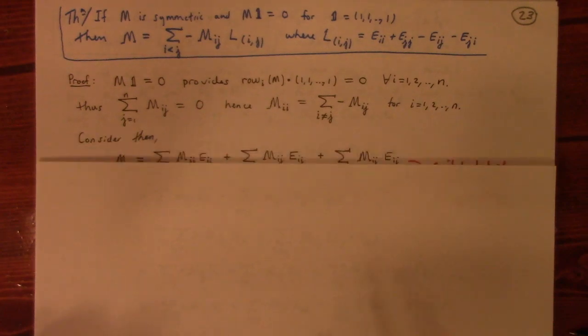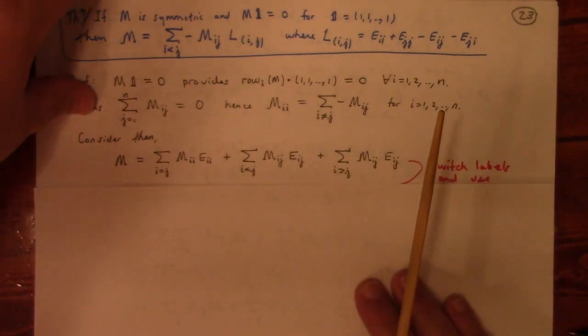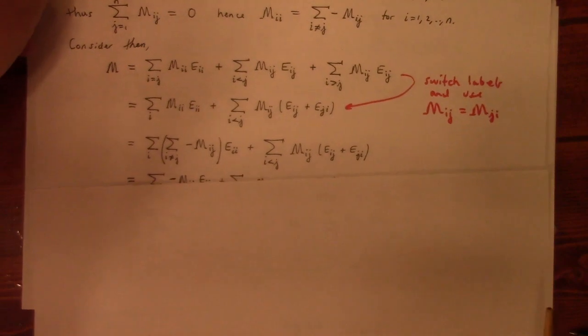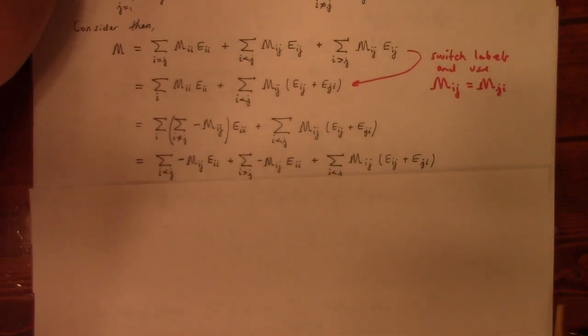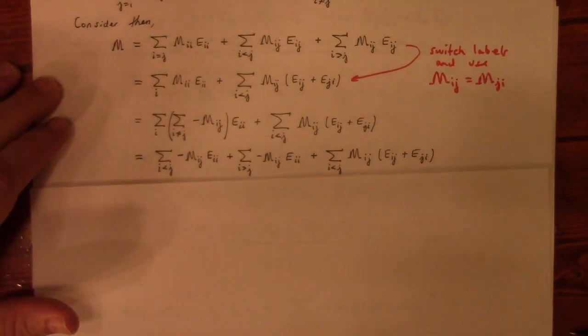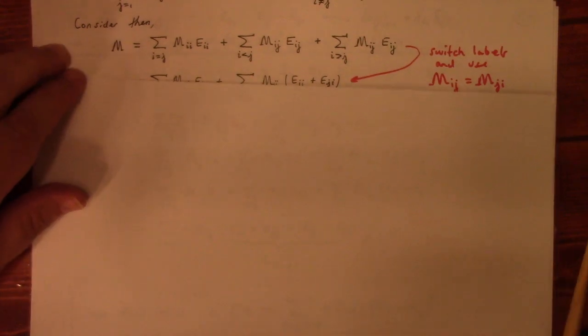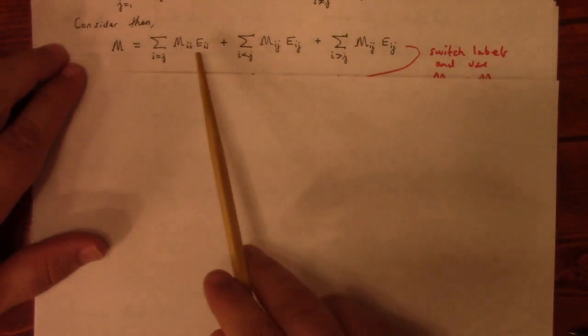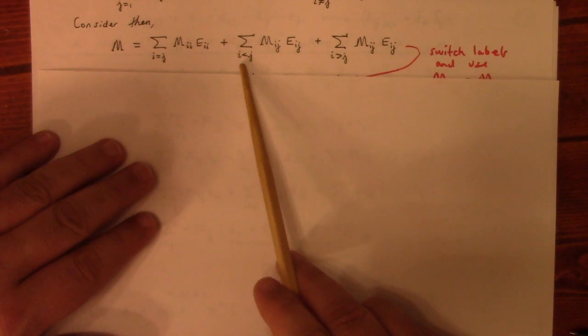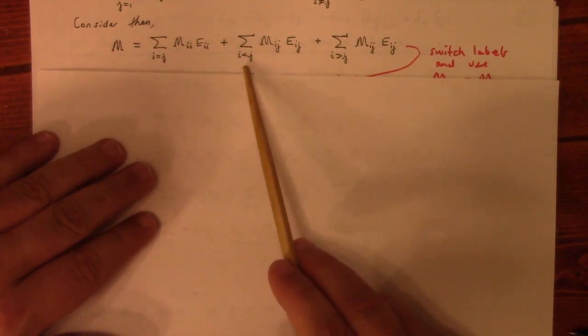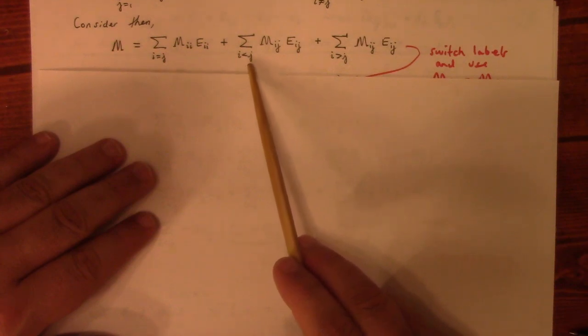Great. Consider then, you can take any matrix and write it as a sum of the matrix units. This is just taking a matrix and ripping it apart into its fundamental building blocks. And if you think about components of a matrix, there are really 3 cases. The diagonal, i less than j, that would be like 1, 2, or 2, 3, or 5, 6, or let's see, is that above or below the diagonal?